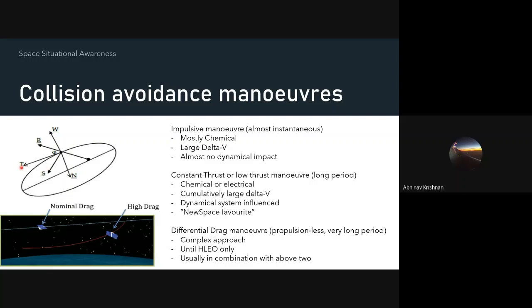So you have T, which is in the direction of the velocity of the object, S in the cross-track, which means perpendicular to the orbital plane, and R in the radial direction, in the opposite radial direction. Same way for the T and W reference frame. There is a reason why I have put these two reference frames here. I'll come to that. Now let's look at the types of maneuvers that you perform.